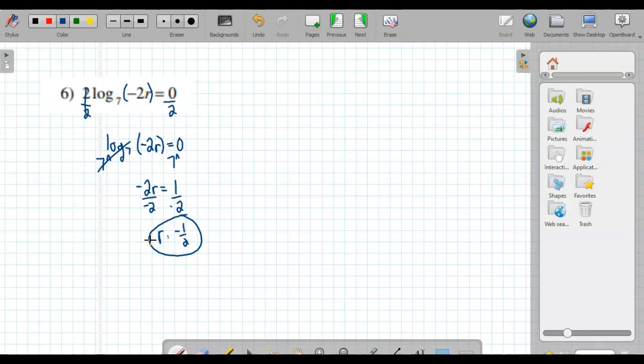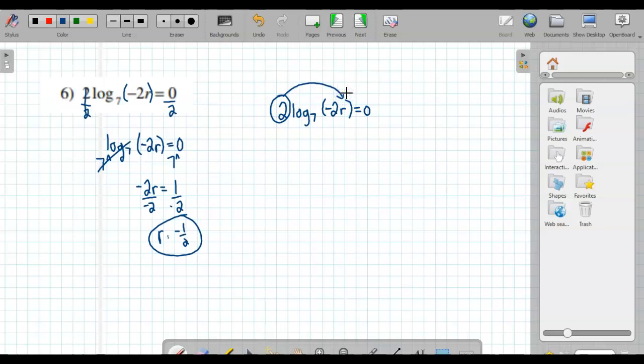Now, there is another way you could have done this problem. When you had 2 log base 7 of negative 2r equals 0, this 2 right here, if you remember your properties of exponents, we could have moved it on the inside like so.